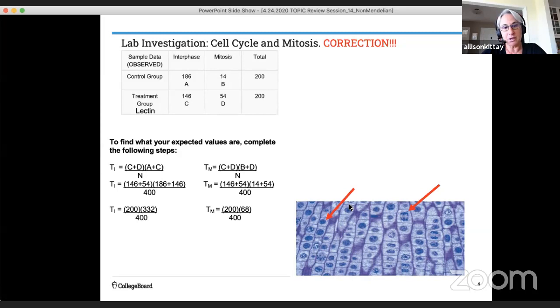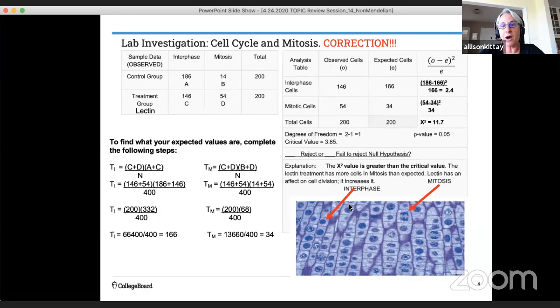And again, we get those numbers, and we end up with the number of cells in the lectin-treated group that are in interphase being 166, and the number of cells that are in mitosis in the lectin-treated group being 34.